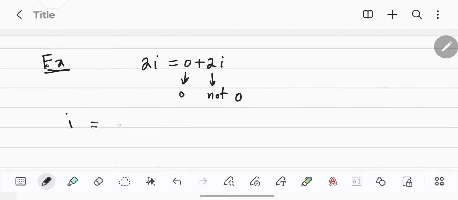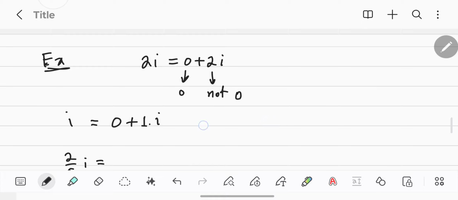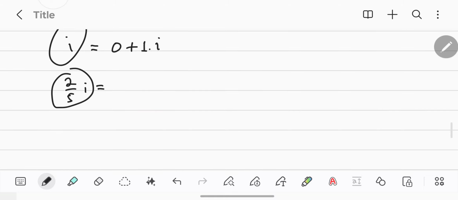In this example, you can write 0 plus 1 times iota, right? So this is 0, this is not 0. 2 by 5 iota is also the same type. So these numbers are called pure imaginary, pure complex. They are called pure complex numbers.